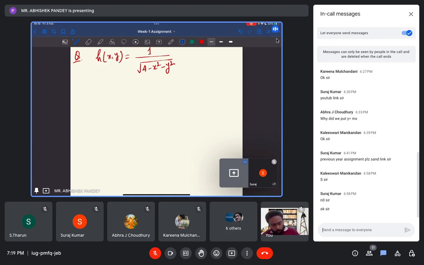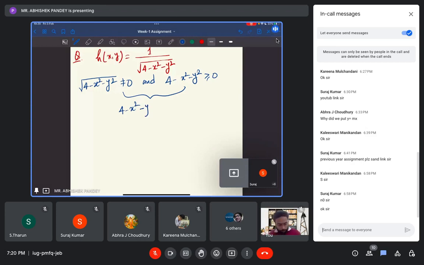So first of all, for this to be defined, the root should not be 0, and 4 minus x square minus y square should be greater than or equal to 0. So combining these two, we get 4 minus x square minus y square is positive. Okay, clear? So this implies x square plus y square is less than 4.